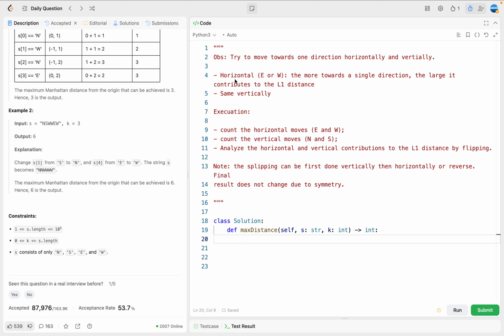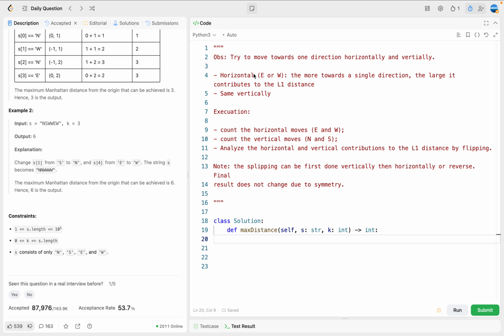First, we need to make the following observation. In order to make the Manhattan distance larger, we should have the intuition that we just need to leave the origin as far as possible, right? In order to achieve this, we need to try to move towards one direction, horizontally and vertically.